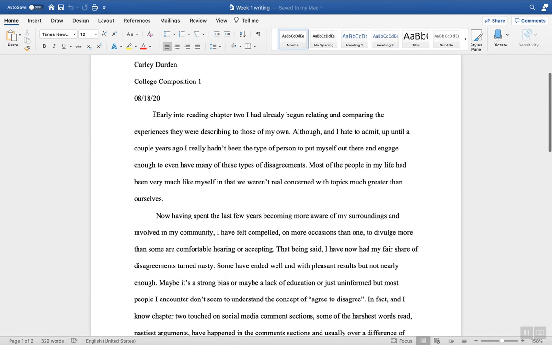First off, be certain to read and edit for commas in your introductory phrases. I caught a couple sentences where you accidentally left off your introductory phrase. So let's talk about your first sentence, for example. "Early into reading chapter 2, I had already begun relating and comparing the experiences they were describing to those of my own."